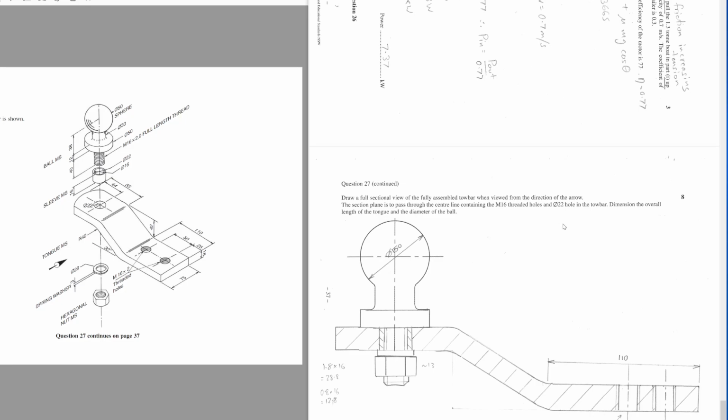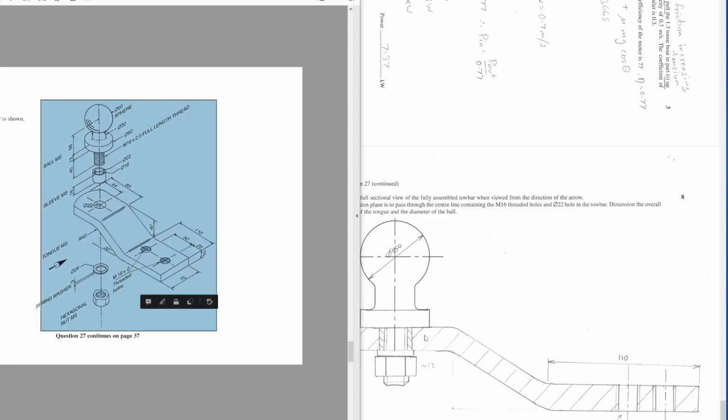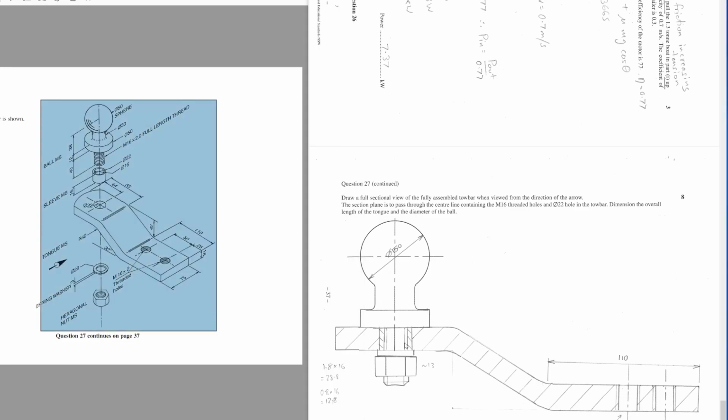Yeah, okay. They did tell us, they told us here. I was like, did I just make that up? No, because it's a fine thread, they've told us that the pitch is 2. So that means the minor diameter is 18 minus 2, which is 16.